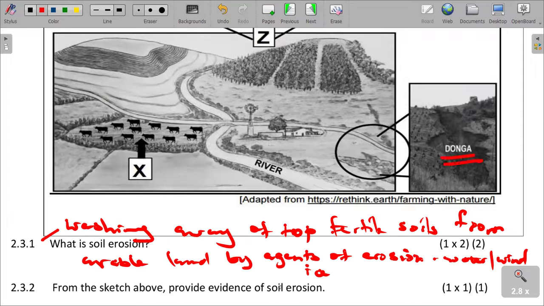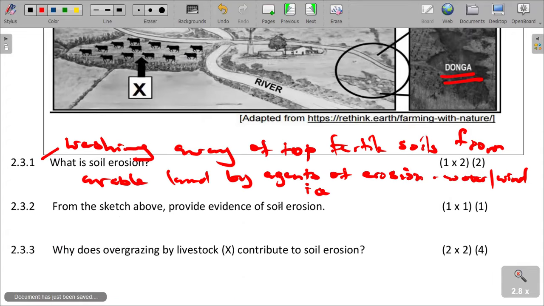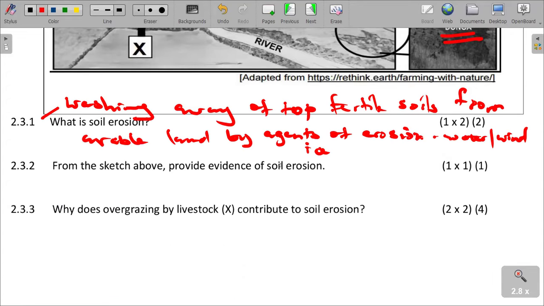A donga is actually a very deep kind of gully or a stream that is formed as a result of erosion. So the donga actually identifies erosion there.